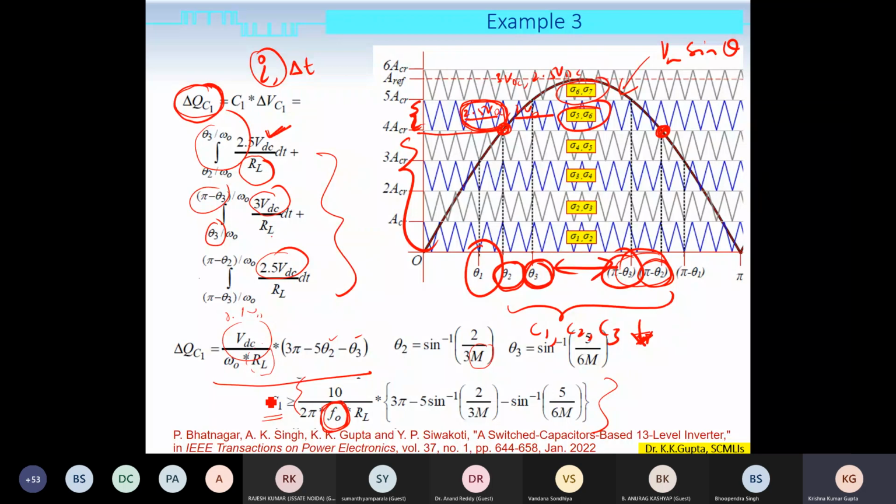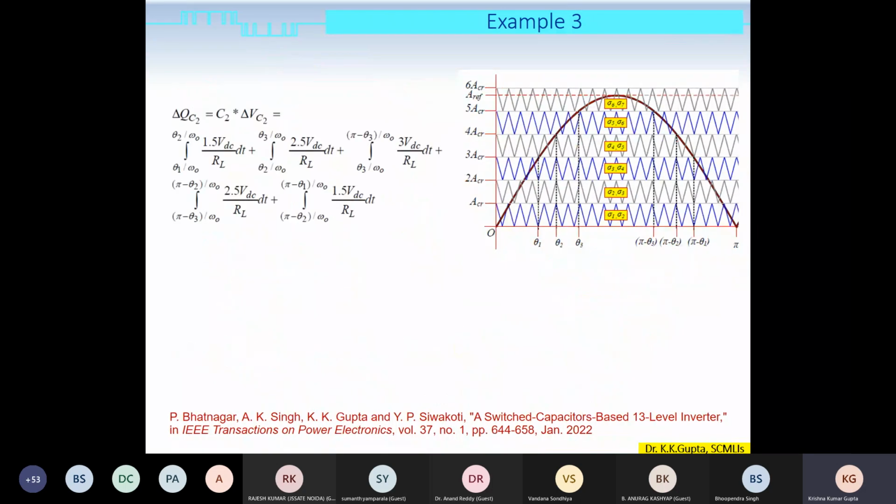Okay, so the value of the capacitor is decided on the worst case scenario, and for that you have to understand the overall states of the converter, the modulation scheme, and then you can calculate the value of the capacitor based on the worst case scenario. Similarly, similar analysis can be done for C1 and C2, and accordingly you can calculate the values of C1 and C2 also.